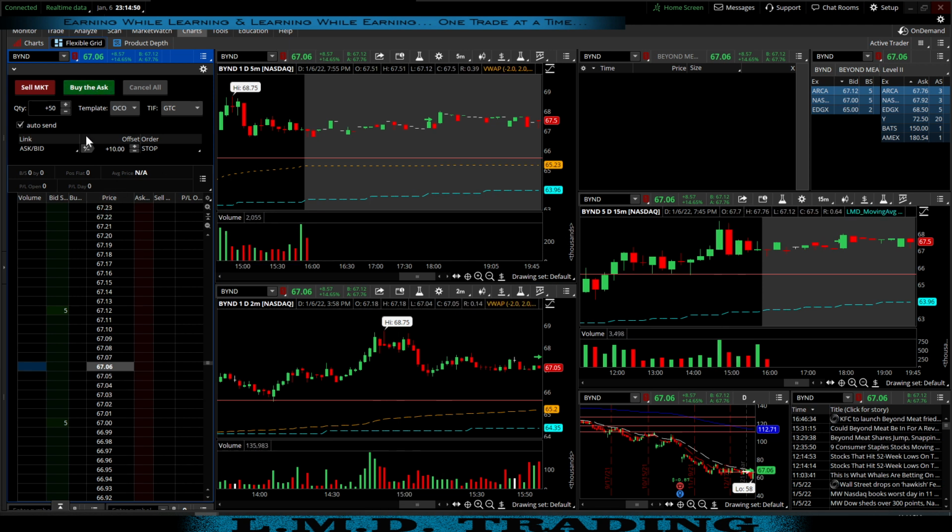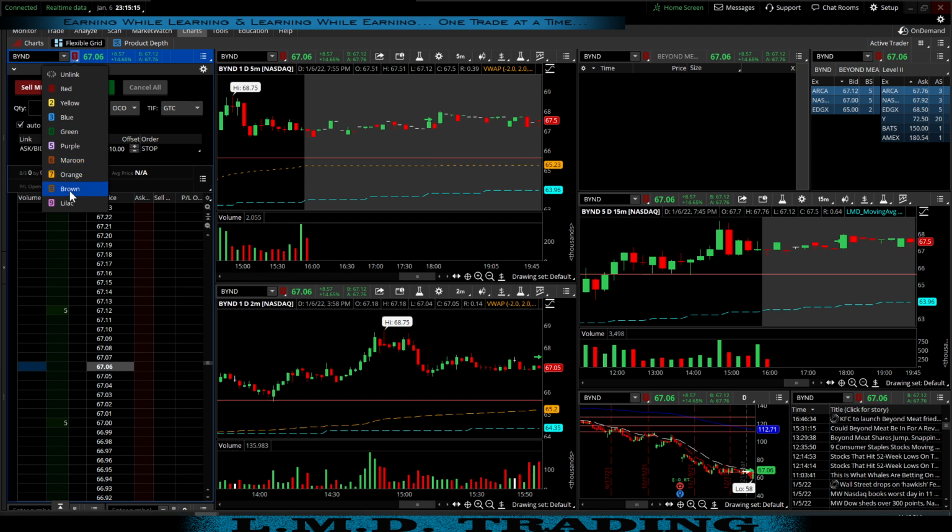I have an active trader window. This here is solely for me to get in and out of actual stocks, which usually haven't really been playing much lately. And if I do want to use this for option contracts, it's real simple.